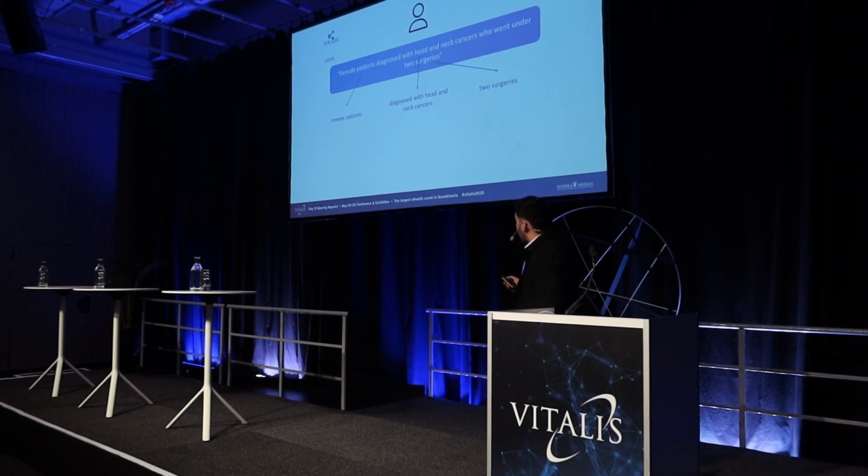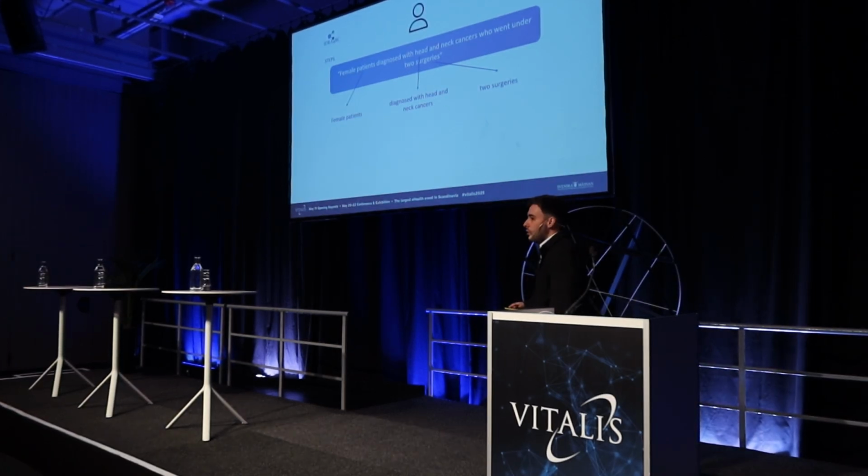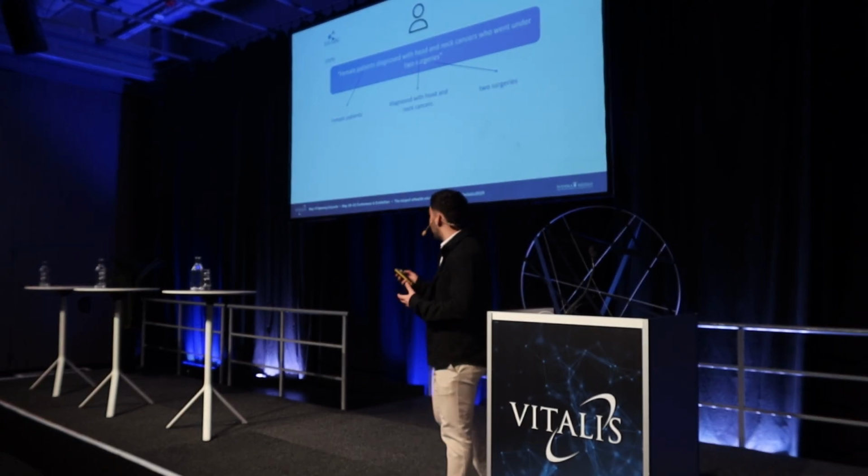First things first, we identify the most important entities. Here we can remark three entities. First, female patients, so we need to look for female patients. Second, diagnosed with head and neck cancer, so we need to know all the conditions that include head and neck cancers, and this may be really difficult.